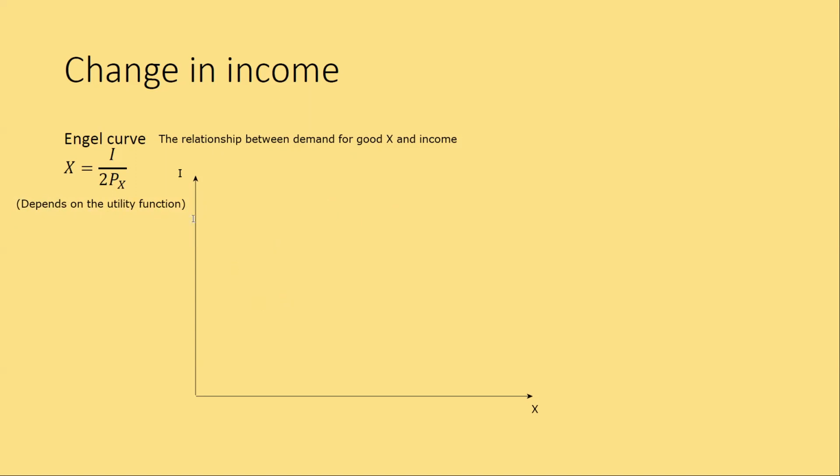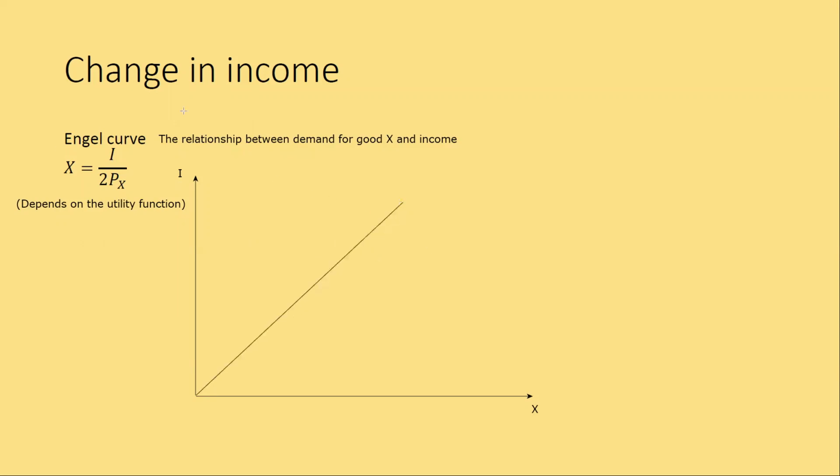And in this case, when we have a Cobb-Douglas utility function, we solved the equation algebraically, and the Engel curve happens to be a straight line.